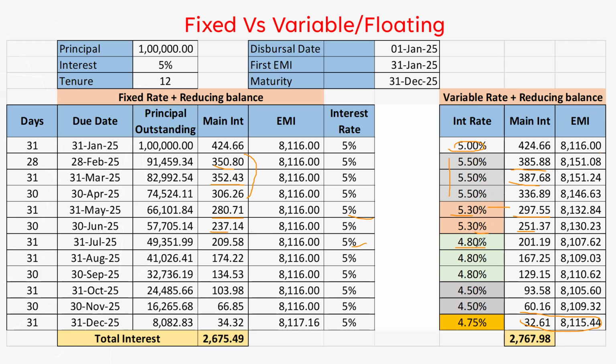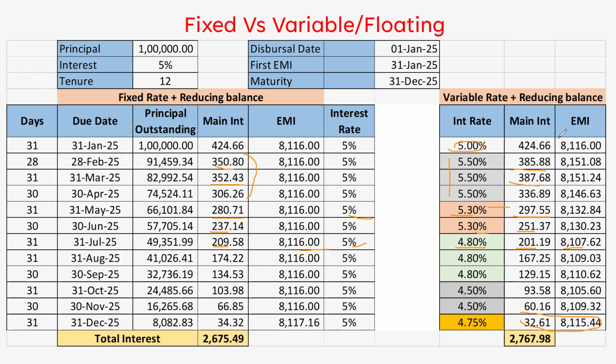Even though this is reduced, look at the interest here: because of the 4.8%, we can see a little reduction in the interest amount, and the EMI is also reduced compared to this one. Why is it reduced?